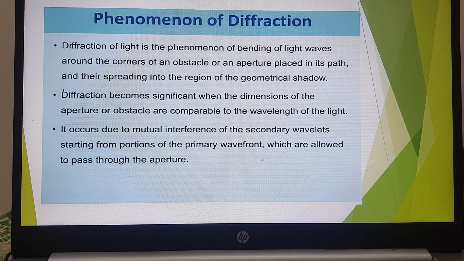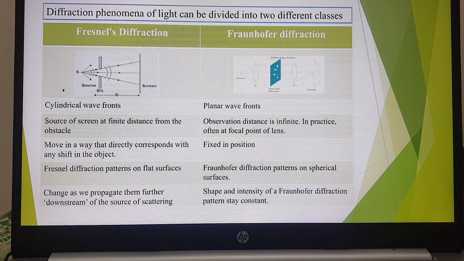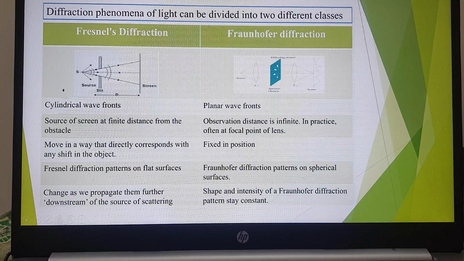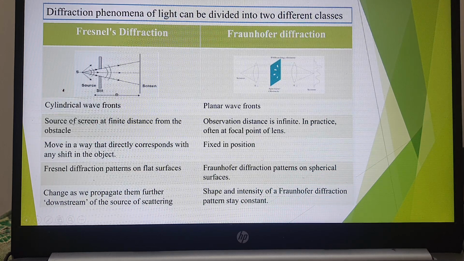I hope you are all following the slides. So coming to the difference between the two types of diffraction, Fresnel and Fraunhofer: Fresnel diffraction has cylindrical wavefronts, and Fraunhofer diffraction has planar wavefronts.